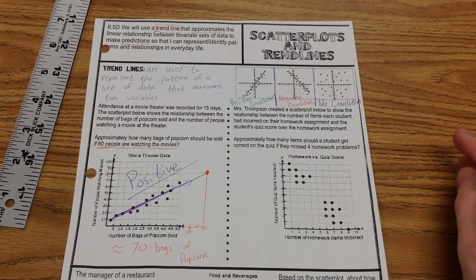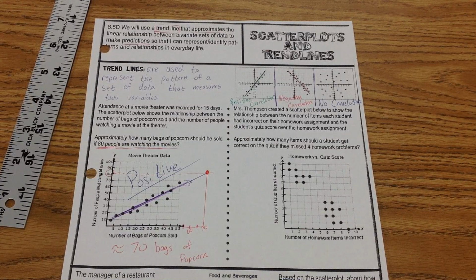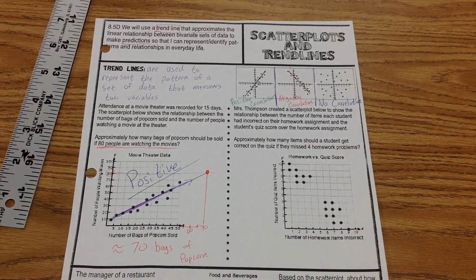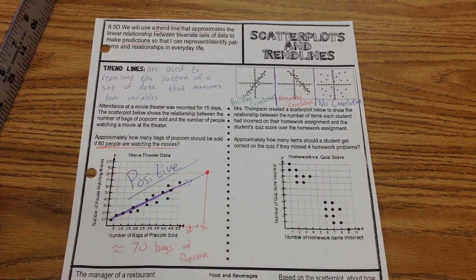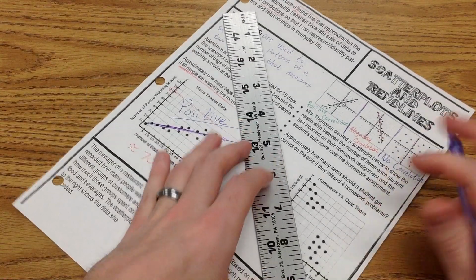Okay. First thing, could we draw a line of best fit? Is there a trend that's going on in between these dots? And I think we would see that there is ultimately a trend.